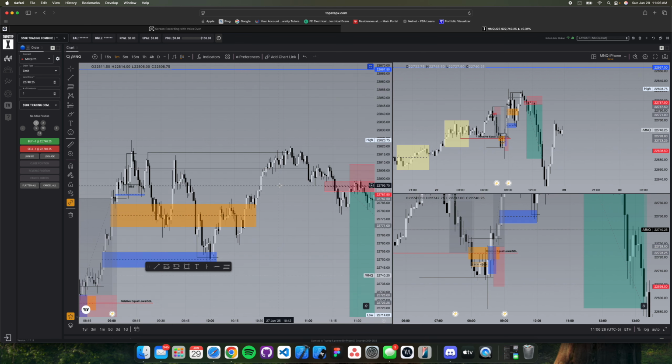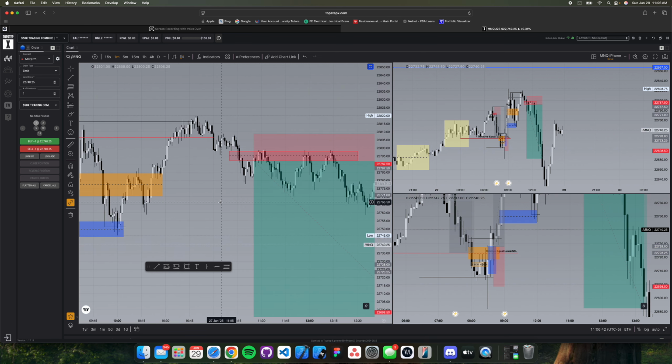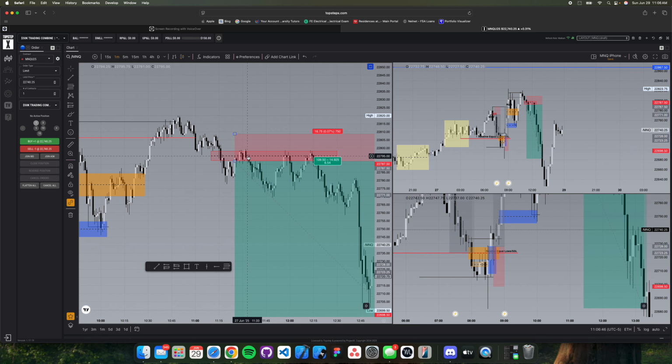We can make the assumption this is a possible raid on liquidity as it moves towards the downside. We see a market structure shift as price closes below this most recent swing low, indicating a possible movement to the downside in the overall trend.